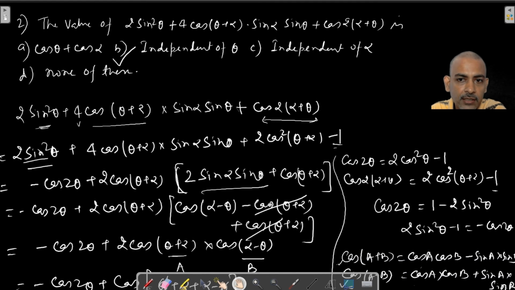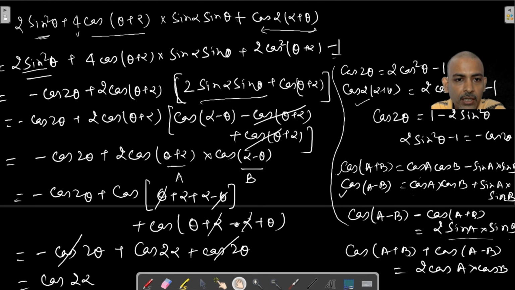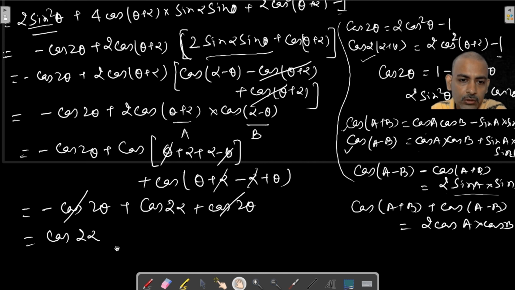So we start using this expression first, and then reduce it further and further, and as we go along we see that things are getting cancelled out and we are left with only cos 2 alpha at the end, alright.